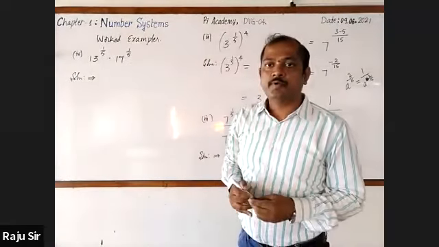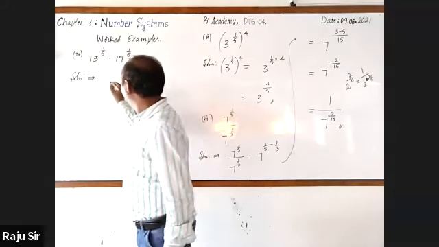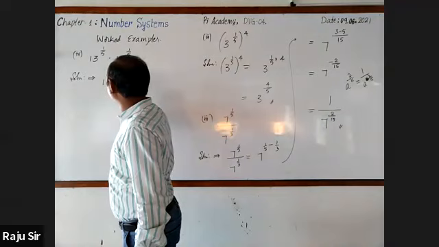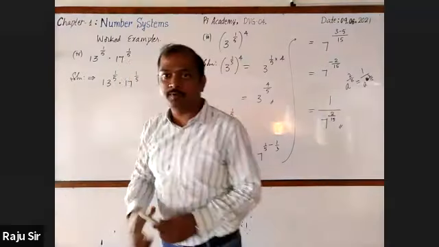Let's go for finding. First, write the given statement as it is: 13 raised to the power 1 by 5 into 17 raised to the power 1 by 5.